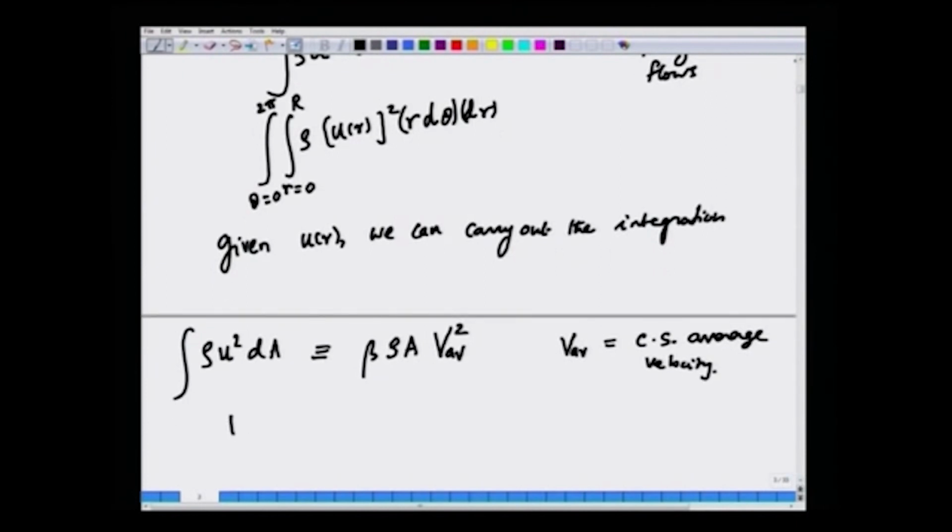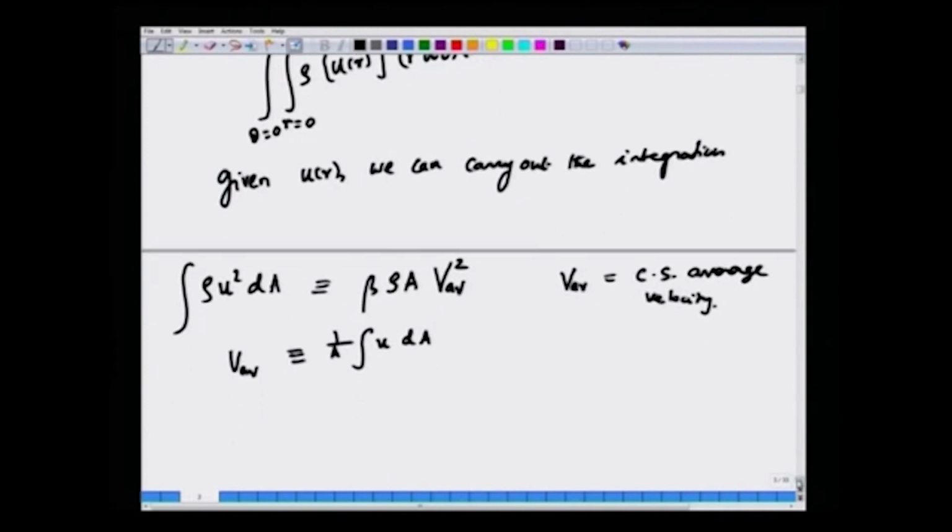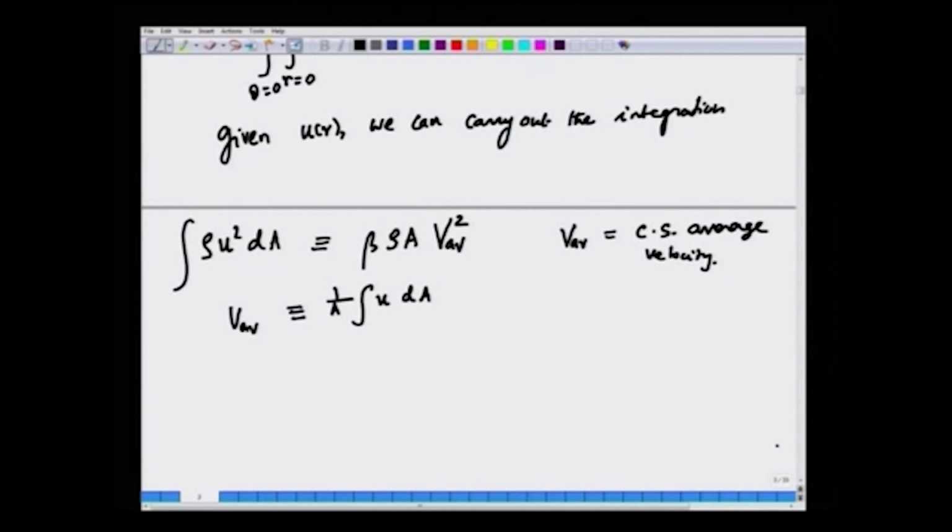So, V average is defined as 1 over A times the integral of u dA, where this beta is called the momentum correction factor.